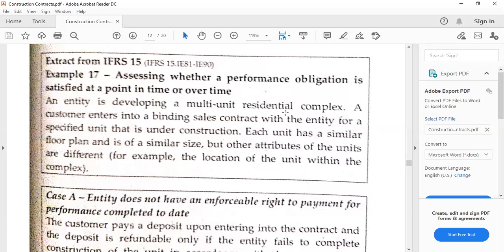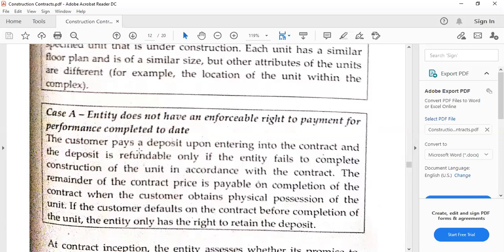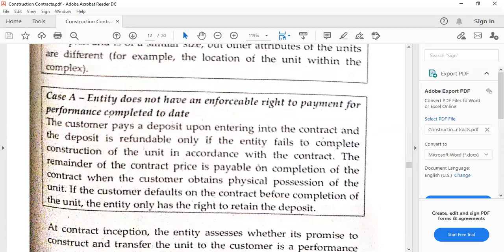Case A is that the entity will not receive payment based on progress billings, but instead it will be payable when the customer obtains physical possession of the units.